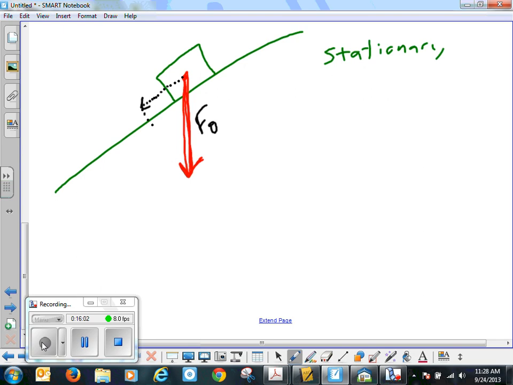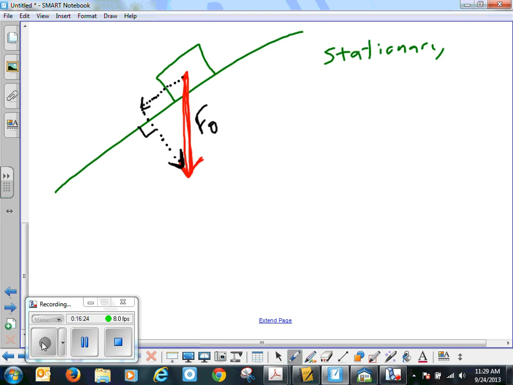This here is the part of gravity that's aimed into and perpendicular to the surface. So whatever this part of that triangle of gravity is, that is the number for the force normal. But the force normal is in the opposite direction. Does that make sense?